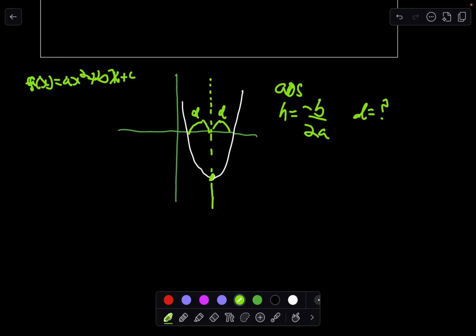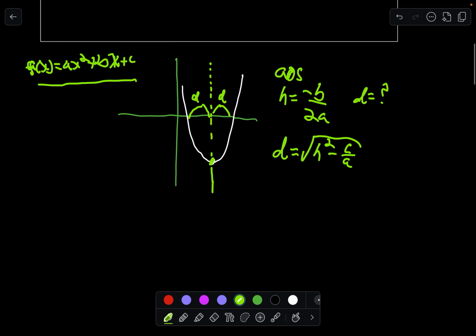There is an equation for it, and it's kind of a crazy equation, and they don't prove it. It is the square root of h squared minus c over a, where the letters c, a and b are all based off of the function written like that. All right, so let's get into this without further ado.